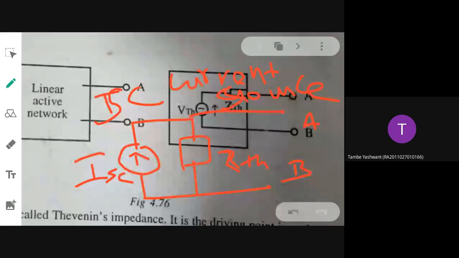So this circuit is called Norton's equivalent.